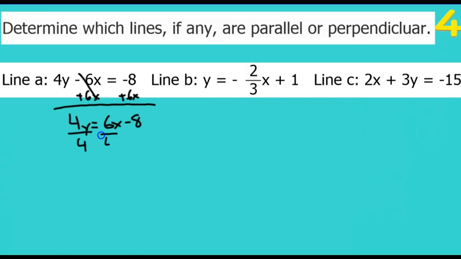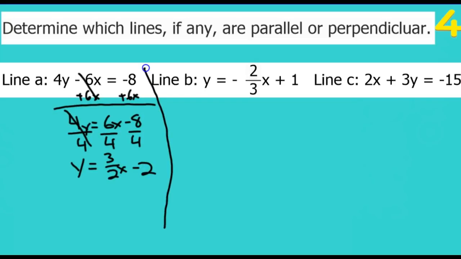Divide by 4. So y equals a positive 3 over 2x minus 2. So our first slope is a positive 3 over 2.